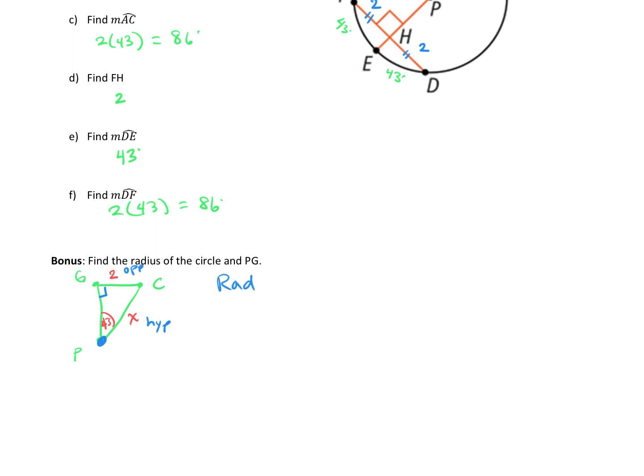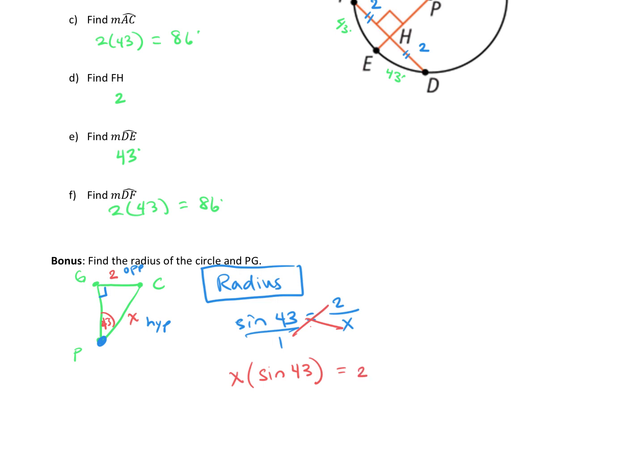So here's our work to find the radius. The sine of angle 43 is equal to the opposite side 2 over the hypotenuse x. We can put this over 1 and just cross multiply out of these fractions. Sine of 43 times x is x times sine of 43. We set that equal to the other cross product, 1 times 2.